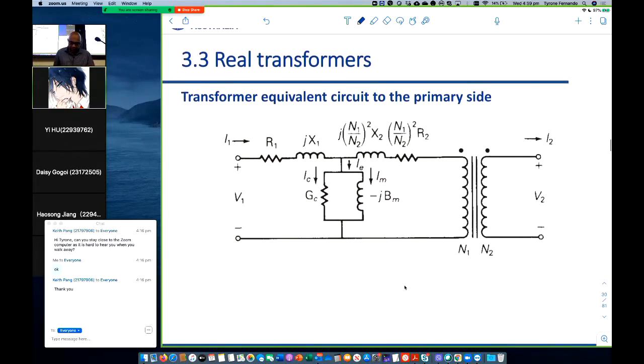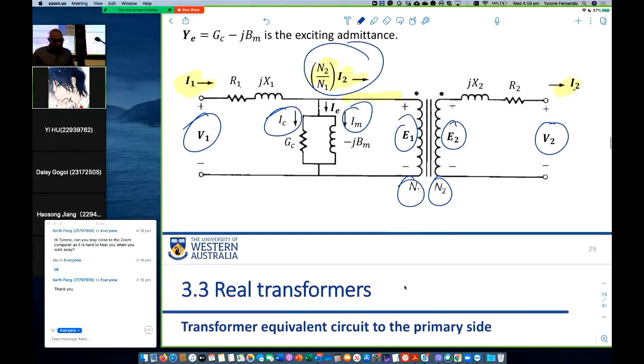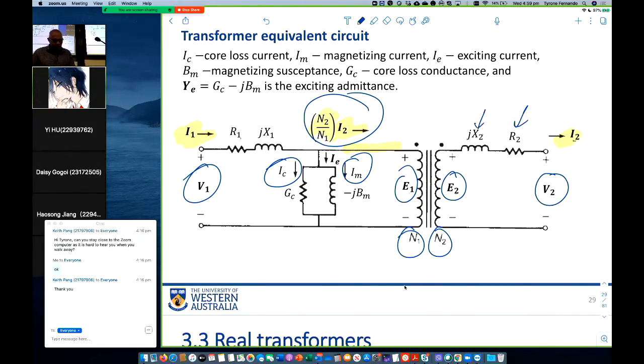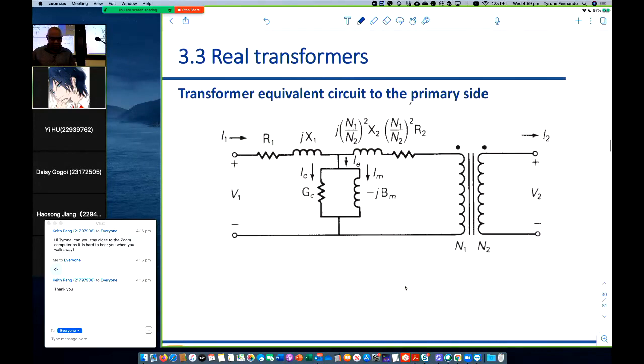All right, so here again it's the same thing. What has happened here? We have this R2 and X2 on the secondary side, and we can reflect that to the primary. We can bring it to the primary if we want, and if you do that, we need to multiply by the turns ratio squared. And here is the turns ratio squared, we multiplied it. So R2 and X2 have been taken from the secondary side to the primary side now.